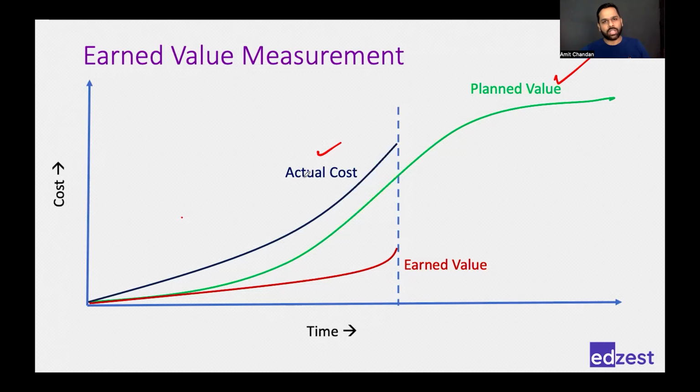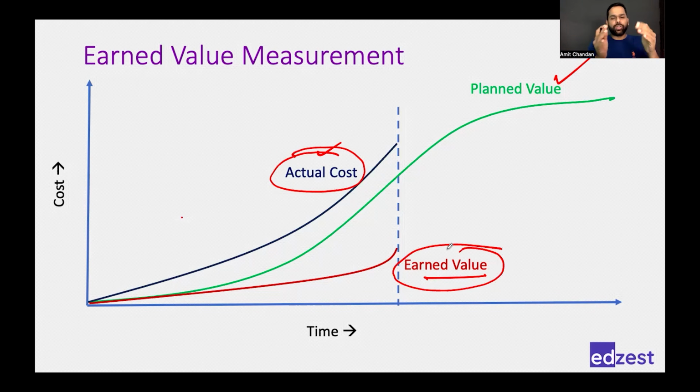That becomes your cost. And earned value is you capturing your actual work. So you capture your actual cost, you capture your actual work, convert those into these values, and your job is done. After that, for the entire project, all you need to do is plot these three values, and you'll come to know the cost difference and the schedule difference.